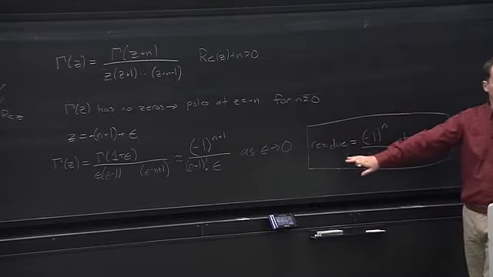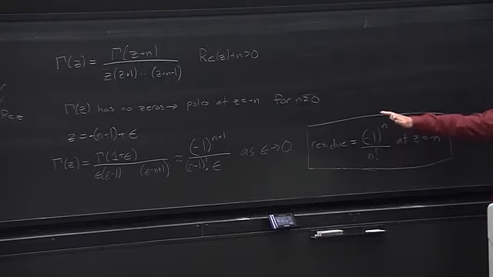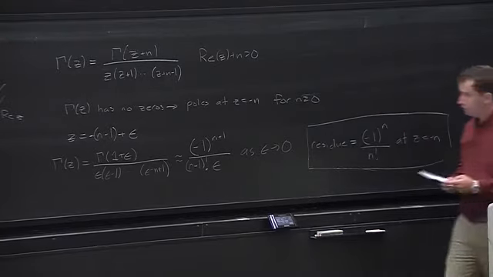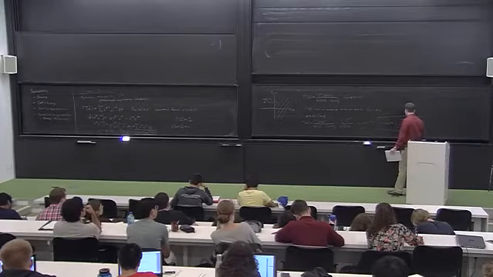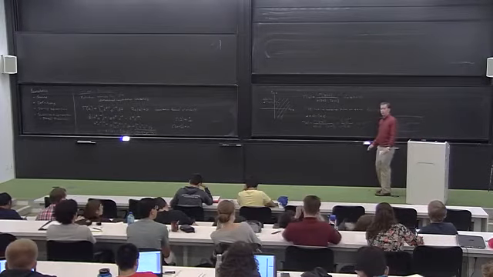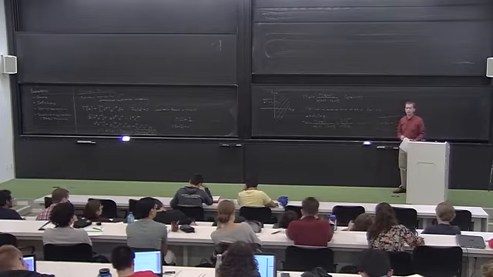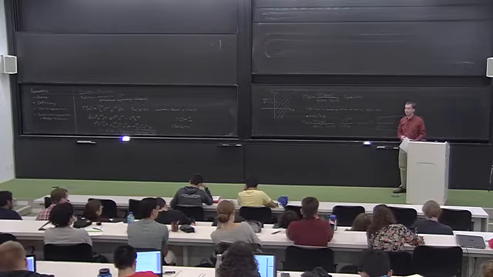And it can be shown that there are no other poles as well. So these are the only poles. Any questions on the gamma function? Okay.